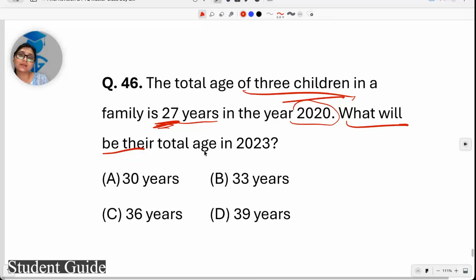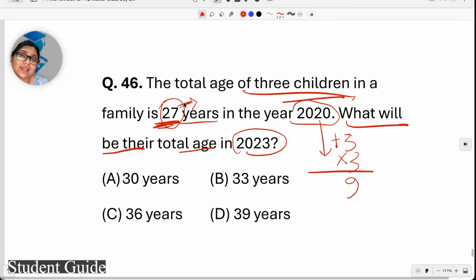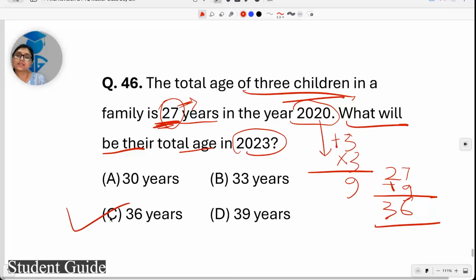What will be their total age in 2023? So from here you can see plus 3 in the year. But this has 3 children, so you need to multiply it by 3. You will get 9. So 27 plus 9 and you will get 36. So option number C is the answer.